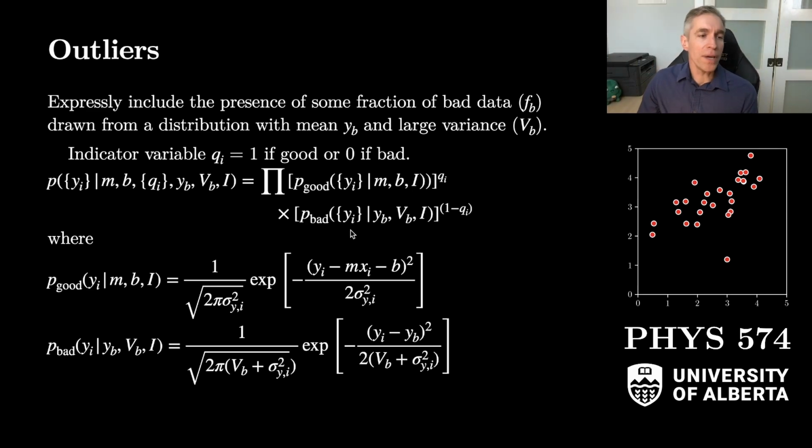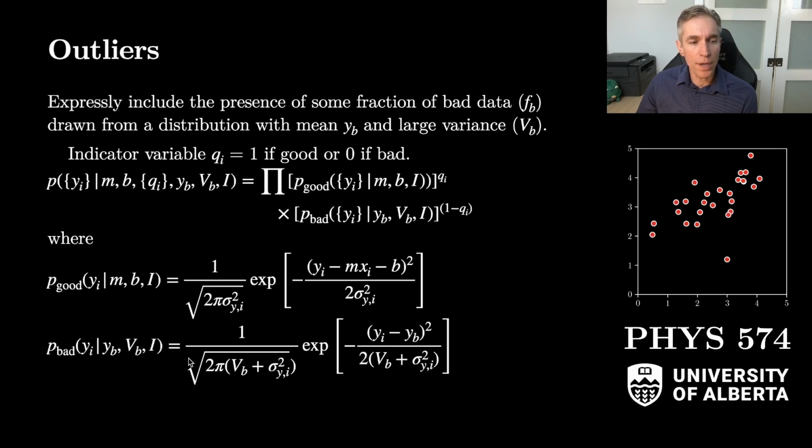So we go ahead and say that the good data is just the regular Gaussian probability distribution function model for our resulting fit. So that's got the line width and then the slope, chi-squared like term, everything is great. The bad probability model only depends on y sub b, the variance, and the background information.